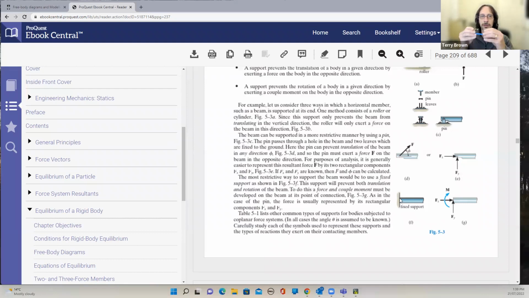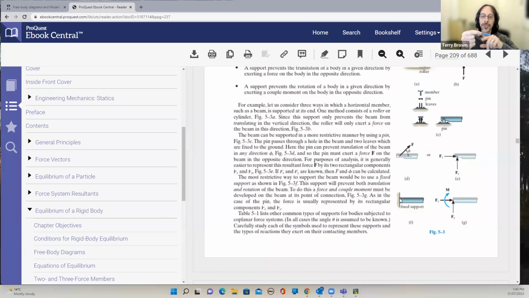So if we have our beam like this, push it down, you can't rotate about the support. So there's a moment being generated in my right hand over here. If it's free to rotate, right, if I hold it loosely, or if I hold it like this, I can rotate it around easily enough, right?